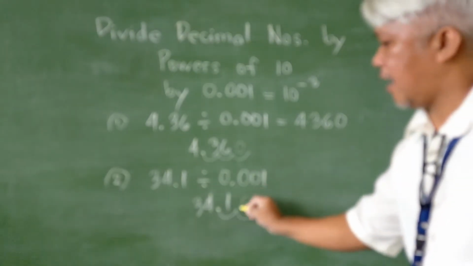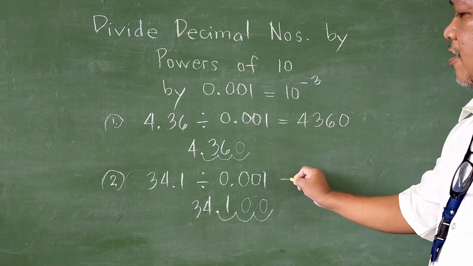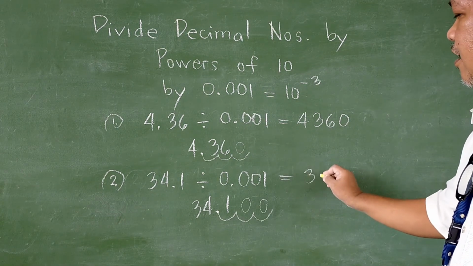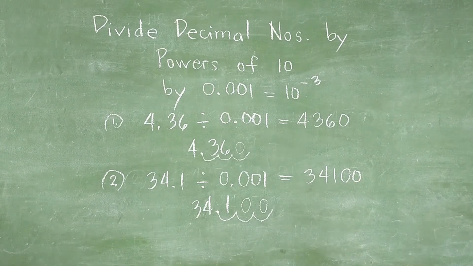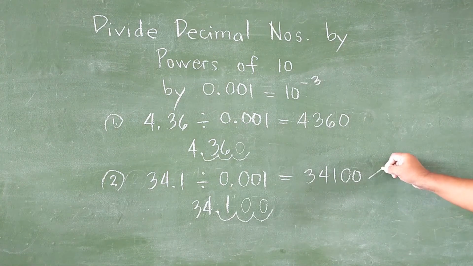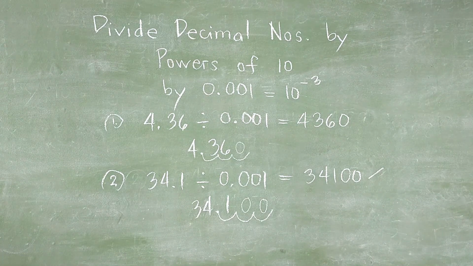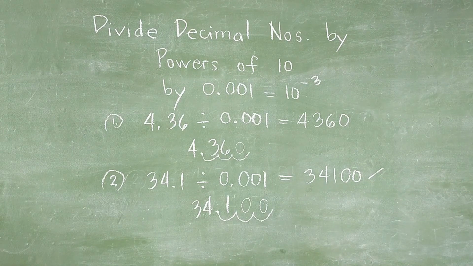So, magdadagdag tayo ng isa, dalawang zeros. So then the answer is 34,100. And again, this is our final answer. Okay? Ayos.